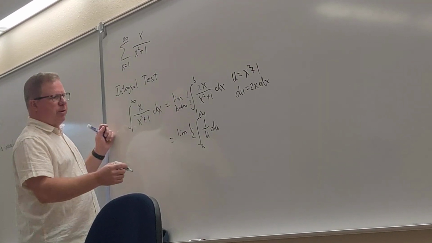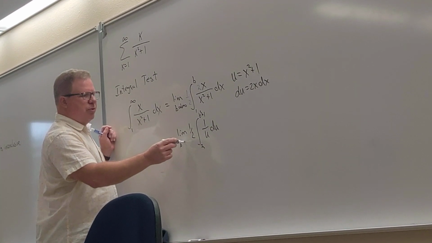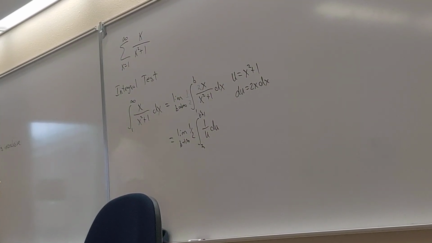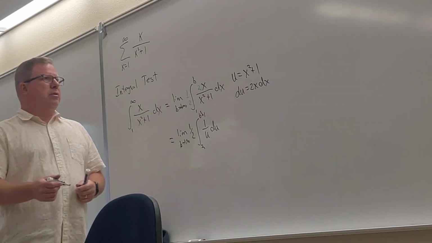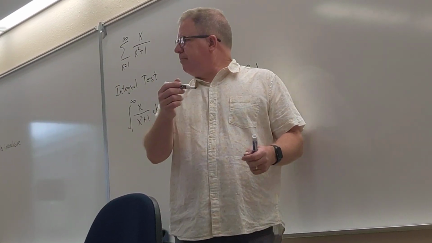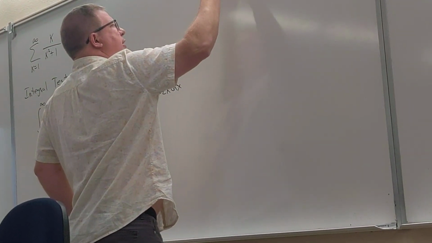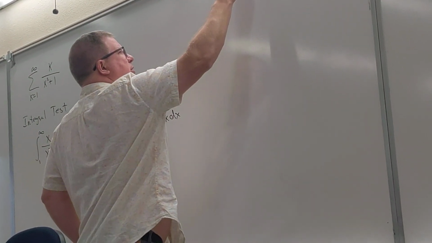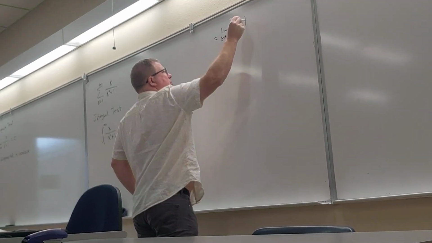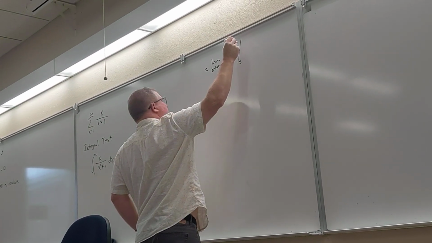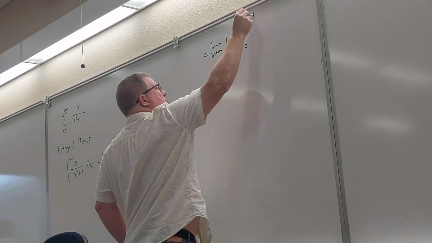Now we can put the limit as b goes to infinity. All right, antiderivative of 1 over u is natural log u. So this equals the limit as b goes to infinity of ln absolute value u, and our bounds, since we're in terms of u, are from 2 to b squared plus 1.